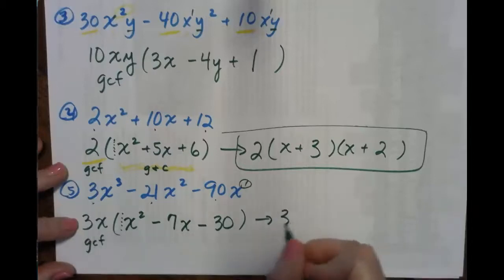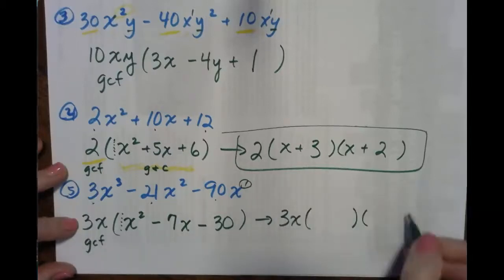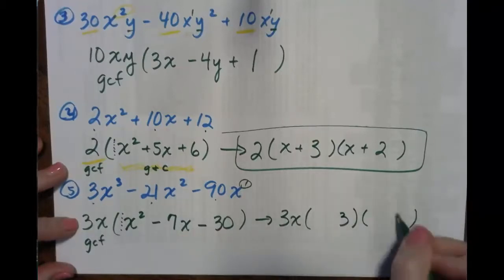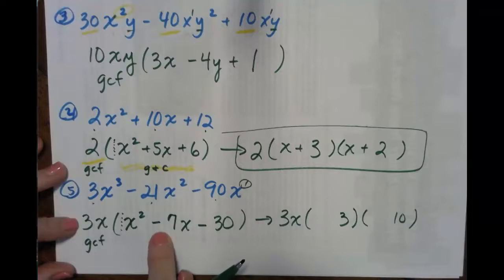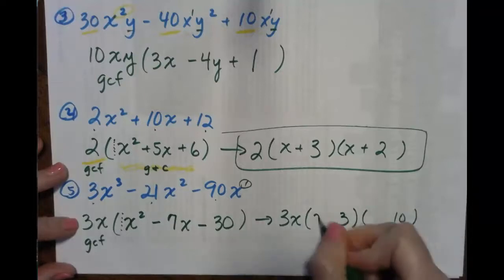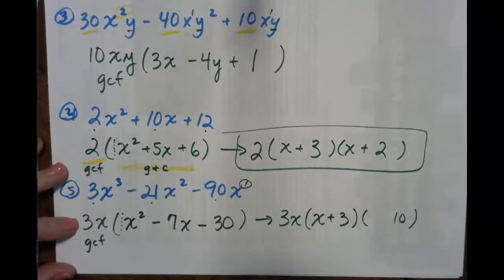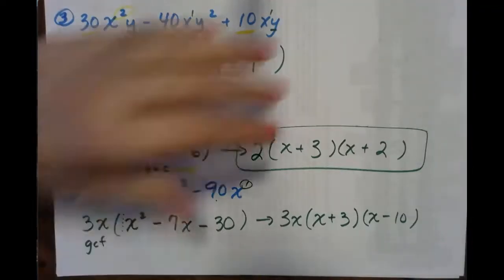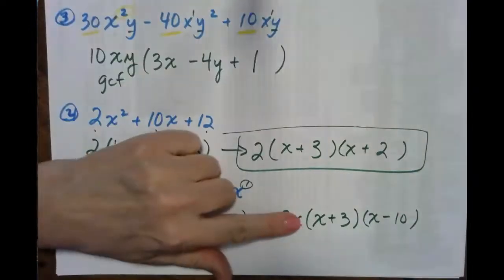And that, of course, is going to be 3 and 10. The 3x comes over. It's the first factor. And then we know we need a 3 and a 10, but we need the 7 in the middle to be negative. So we're going to say x plus 3 and x minus 10. Now, you can check every single one of these, just like I showed you in the previous videos, and we'll give this one a quick check here. So just cover up the 3x.